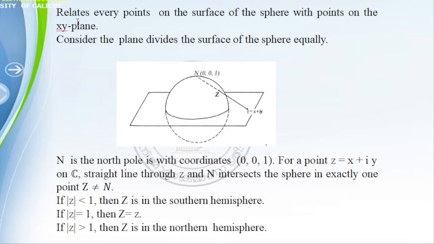Stereographic projection is a mapping that relates every point on the surface of the sphere with points on the xy plane. Consider a plane that divides the surface of the sphere equally. Let capital N be the north pole with coordinates 0, 0, 1.